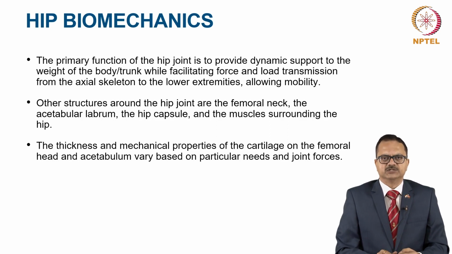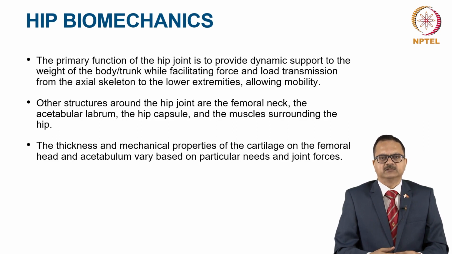There is cartilage on the femoral head, and the thickness and the mechanical properties of the cartilage depend on the line of weight transmission, and this may vary depending upon the needs of the joint and the joint forces which are acting upon the joint.